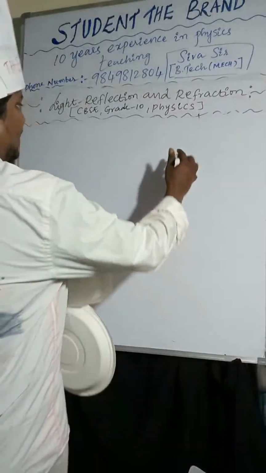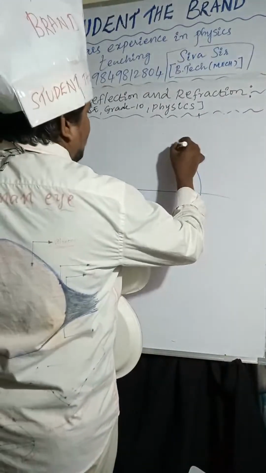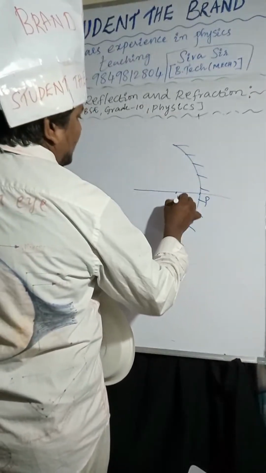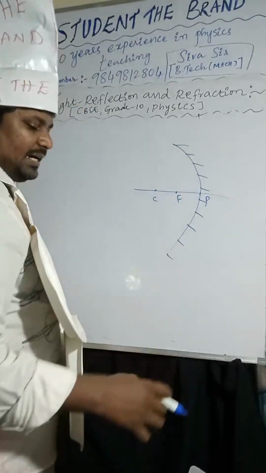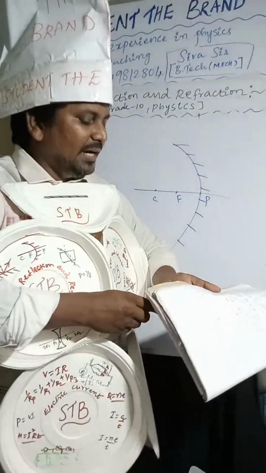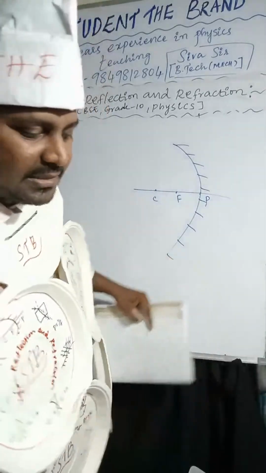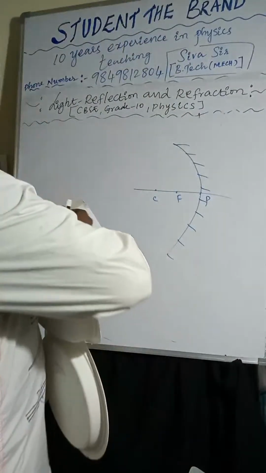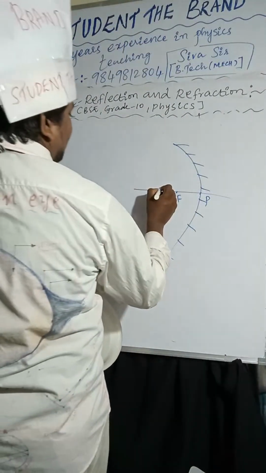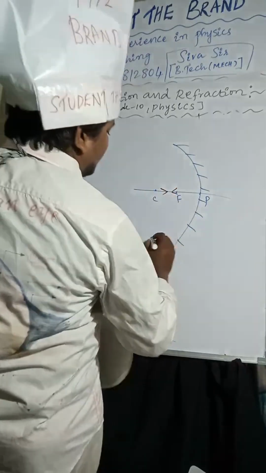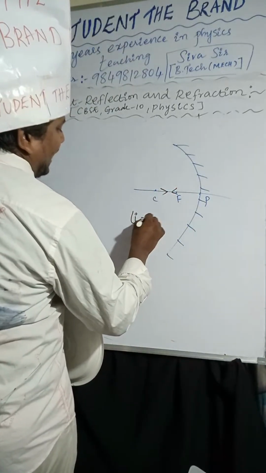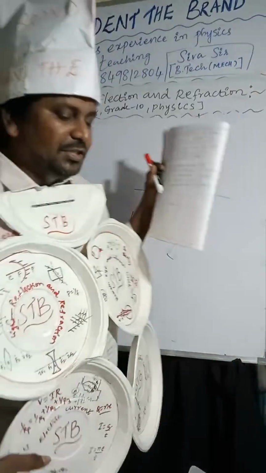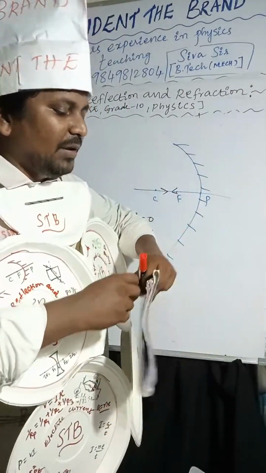So this is a concave mirror, and I am taking the pole, focus, and center of curvature. If the light ray is passing along the principal axis, the angle of incidence is 0 and the angle of reflection is 0, because the light ray will move in the same direction.